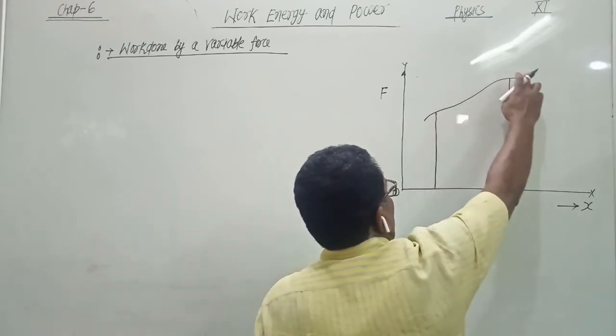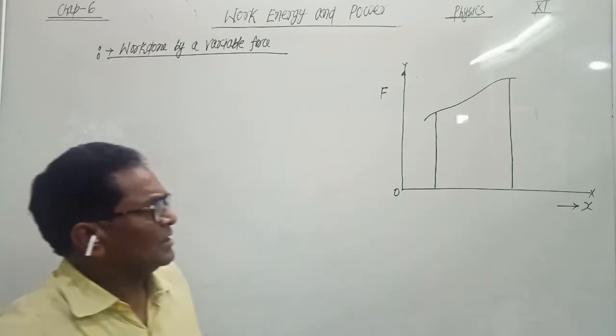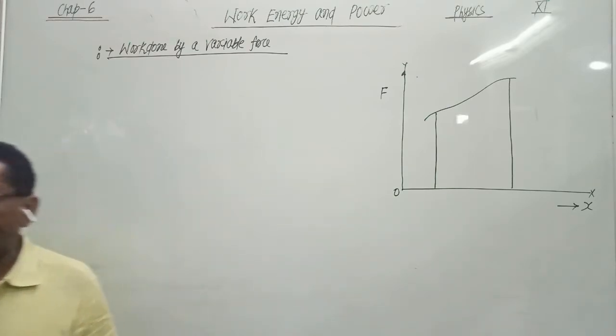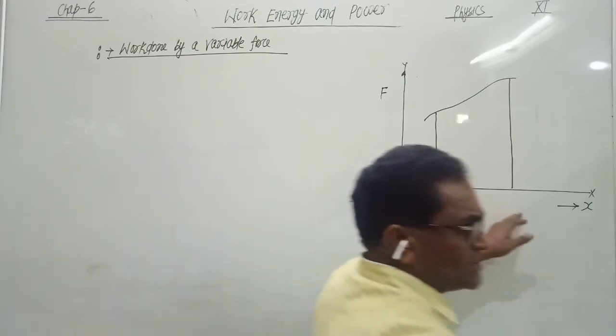At every point of this graph, the value of the force changes. So this is the variable force acting along the x direction.